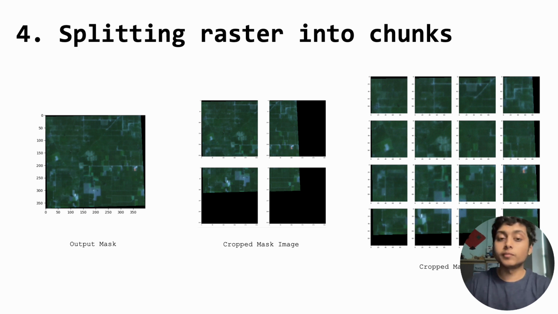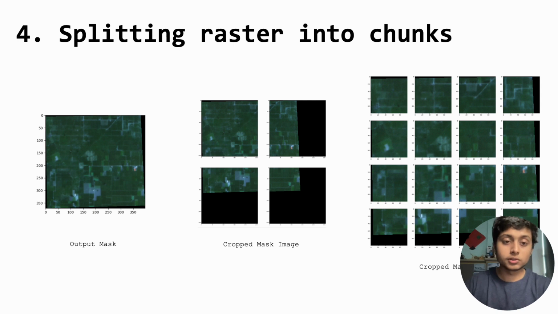As you can see here, the same image gets chunked into 4 different sections, where these black areas are padding, and on the extreme right you can see the same image with a higher resolution being chunked. So we have 2 different versions of this image. This one is a higher resolution image, so we're getting more chunks for the same area.